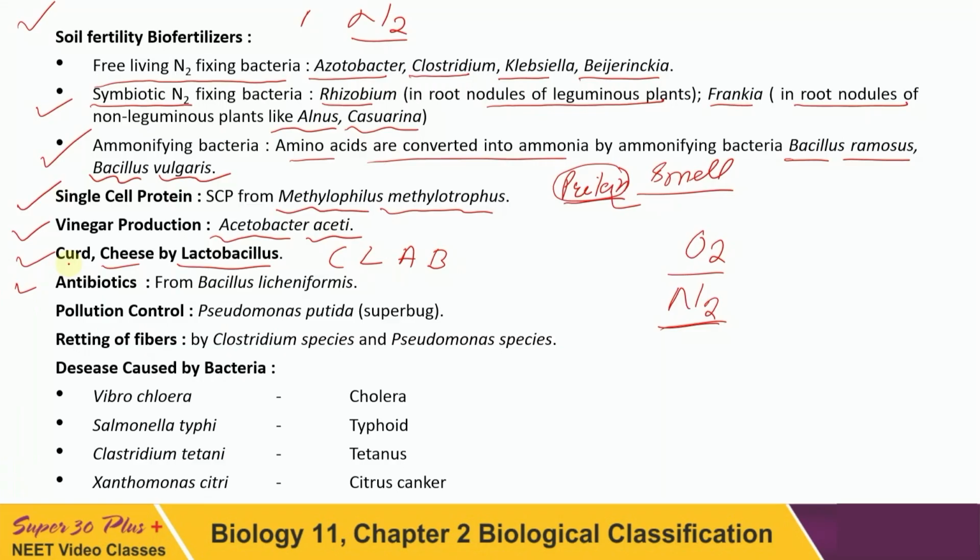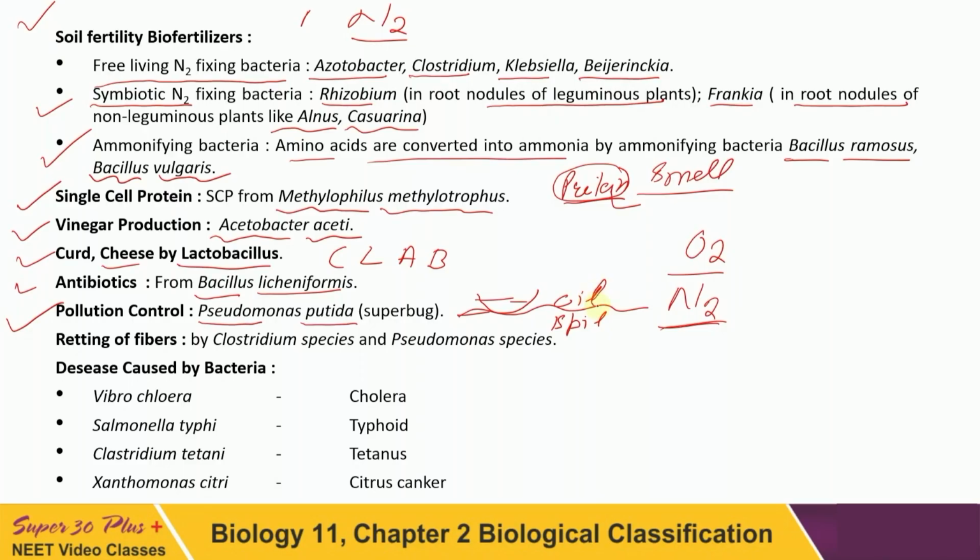Then antibiotics are not only obtained from fungus like penicillin; these are obtained from bacteria also. One of the bacteria is Bacillus subtilis. Another very important one is Pseudomonas putida. It is known as a pollution controller, known as superbug. I would like to tell you a few things about this. When there is an accident in the sea and there is an oil spill, it will cause pollution.